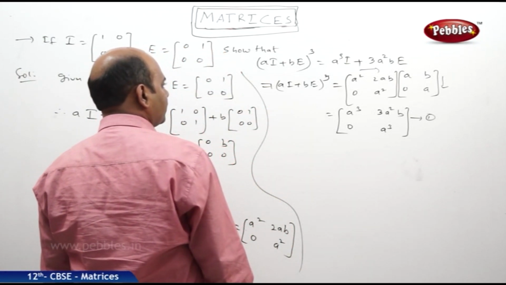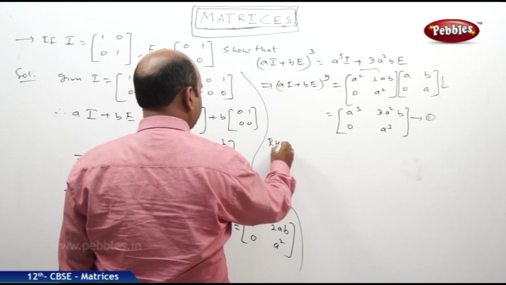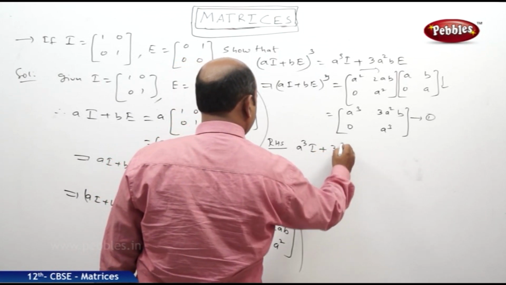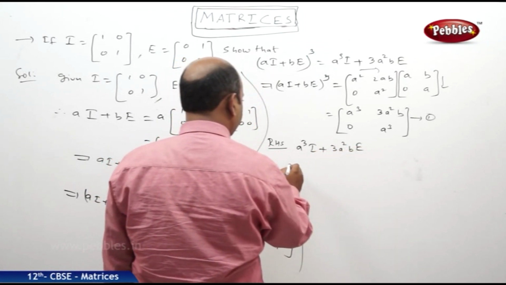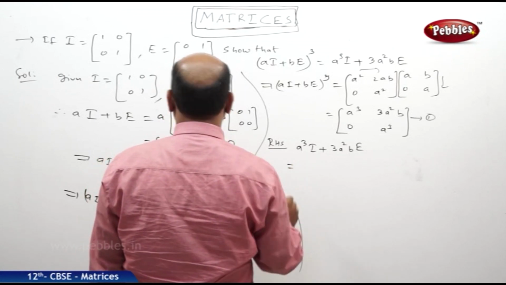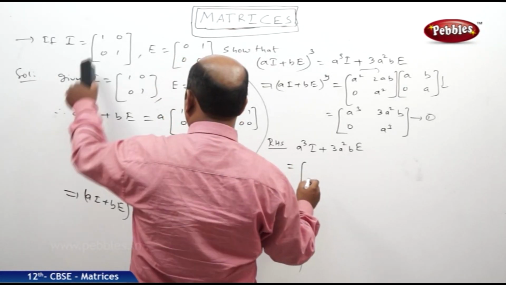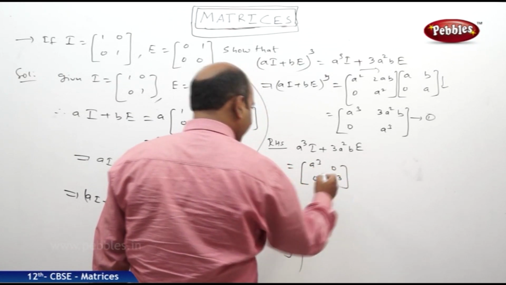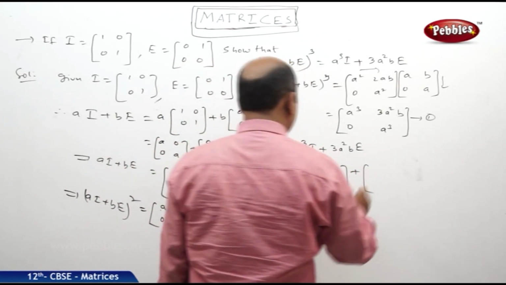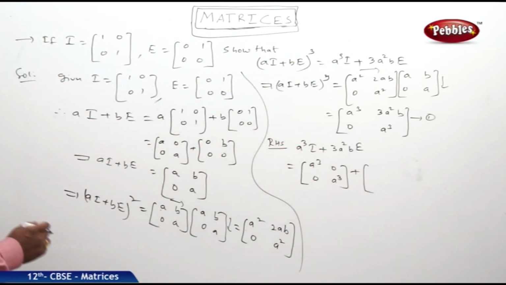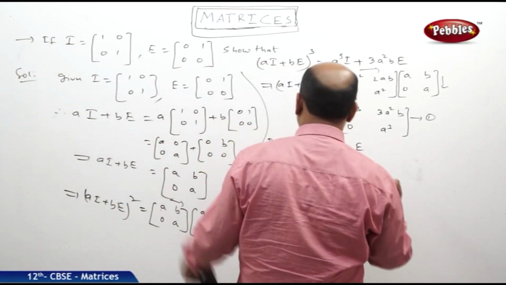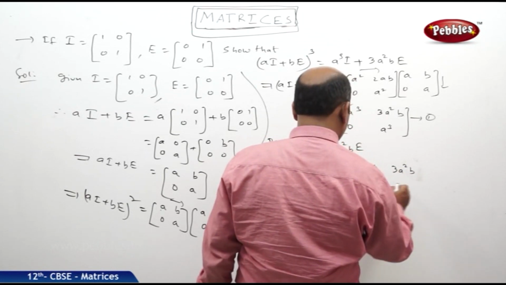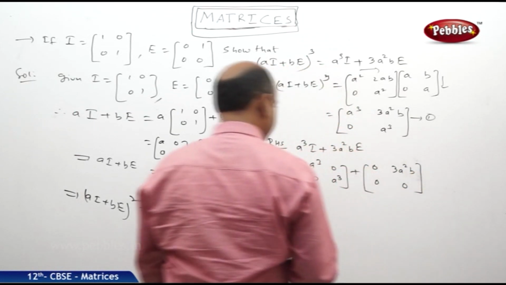Now I will be taking the RHS, A cube I plus 3A square B into E. A cube I means, this is I, so [A cube 0; 0 A cube] plus 3A square B into E. That means 0, this becomes 3A square B, this becomes 0 and this becomes 0.